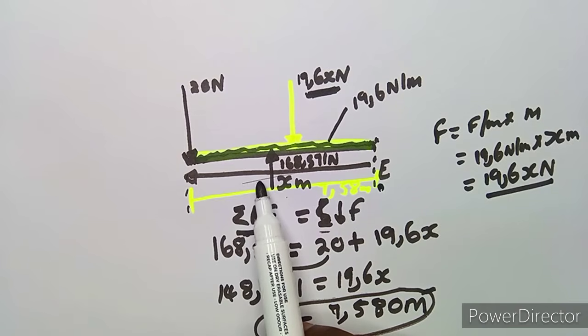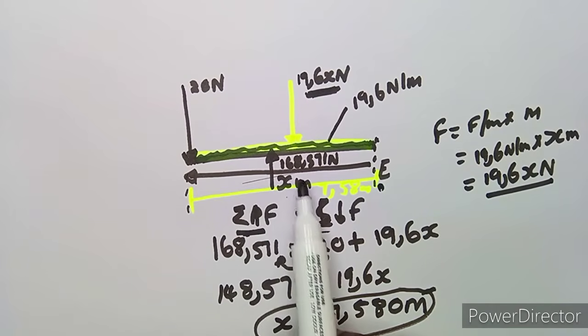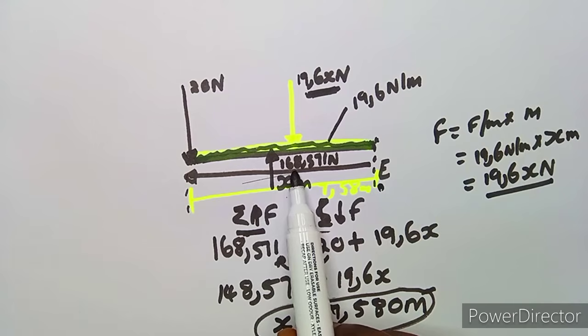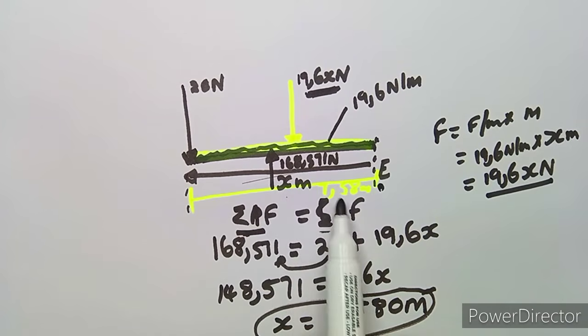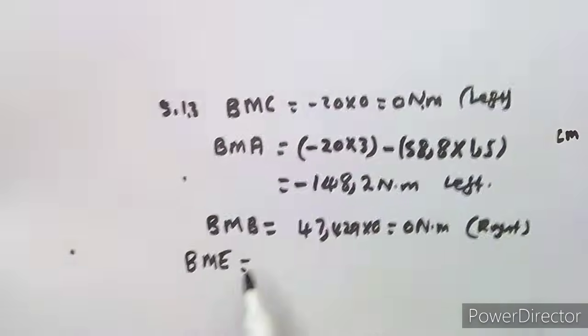All right. But in this case, this support is 168.571. This one we know the distance. Okay, how are we going to find the distance for this support? Because we need to know the distance.